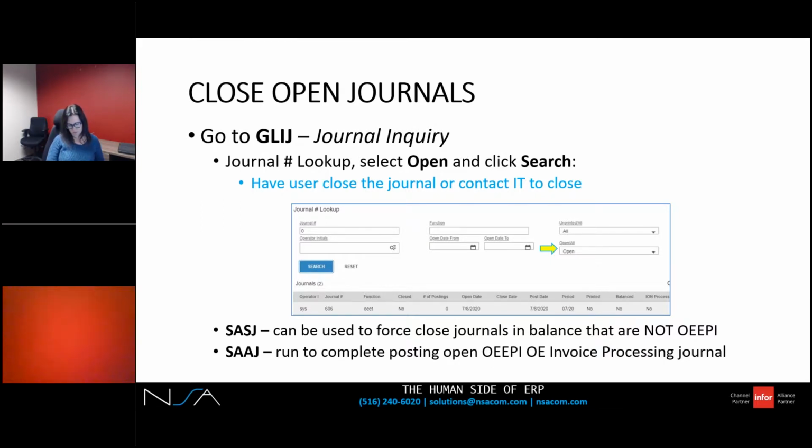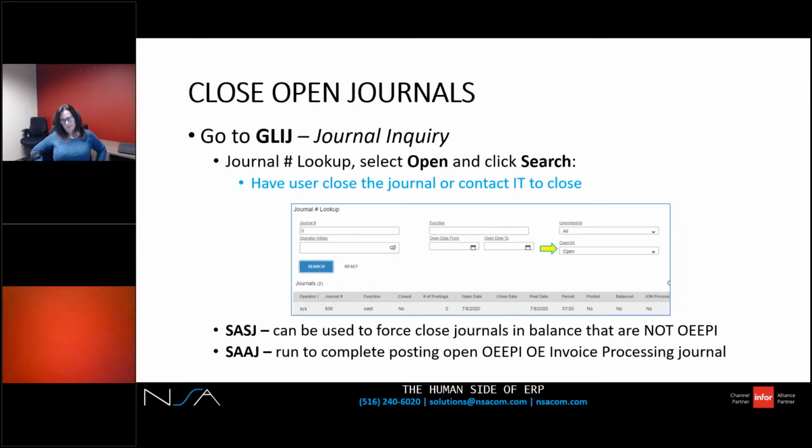We, being NSA, have done some programmatic things for the clients that we work with to run through processes and force close all open journals that are in balance on a nightly basis so that they don't have to leave that to chance. I would like to see something similar done for any balanced journal that's not closed by midnight. So that's an excellent ERS request.